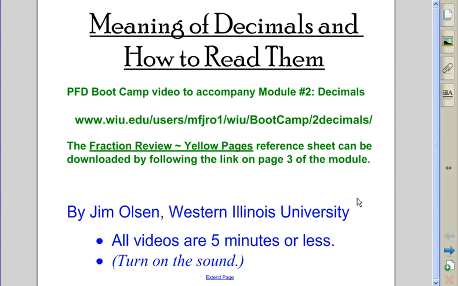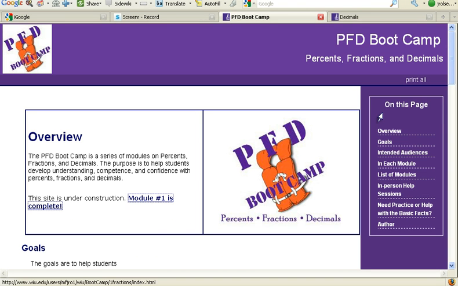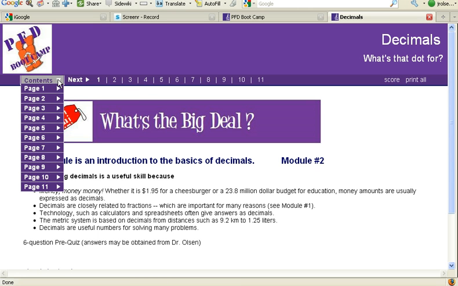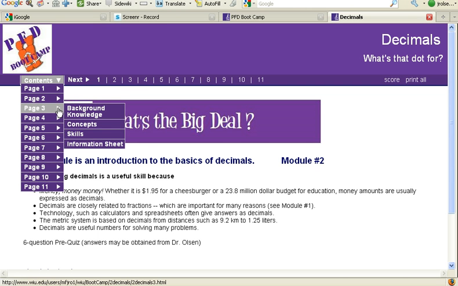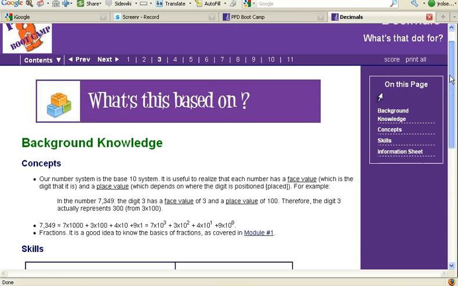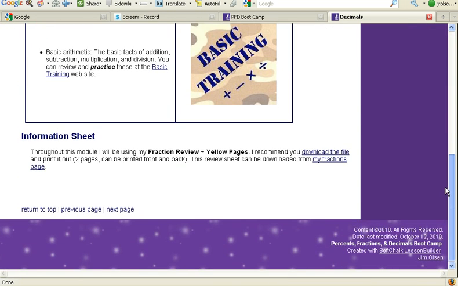Let me go ahead and show you where page 3 is on the module. Here we are at module 2 on decimals, and I'm going to come over to page 3. It starts out with some background information, and down here at the bottom is the information sheet, Fraction Review Yellow Pages.